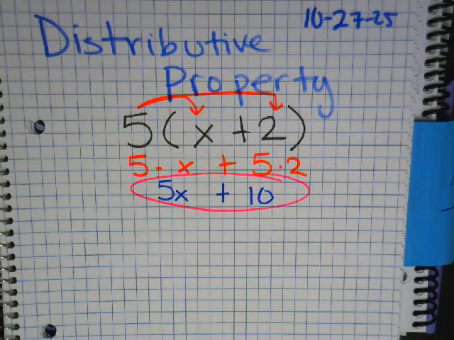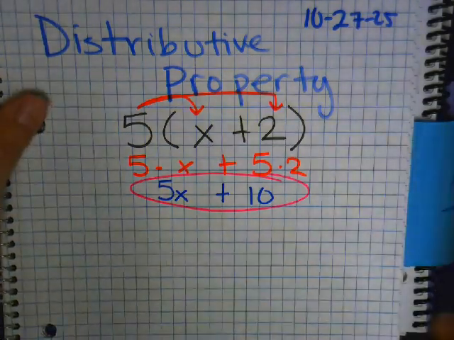No. Why can I not put the 5x and the 10 together? Because that's an x. Do you know what x is? It's x. It could be any number in the universe. So, Noah, we cannot put these two numbers together because they are different terms. This is an x. This one does not have an x, so you're done. That was a trick question. It's a trick question. All right.